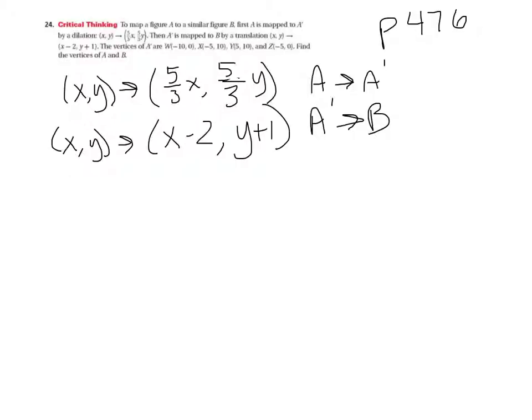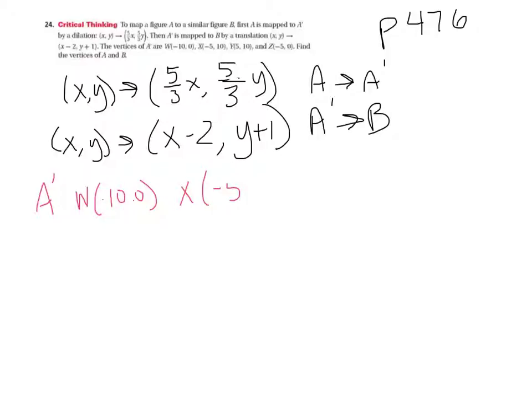Okay, so the question is giving us A prime. So it is giving us the result after A and my starting point to get to B. A prime, W, is sitting at -10, 0.